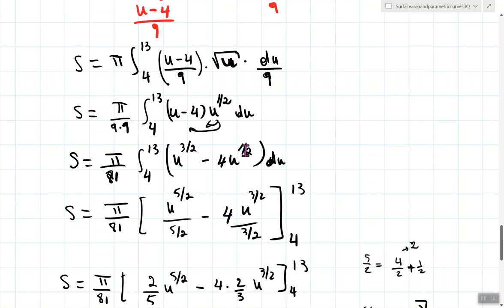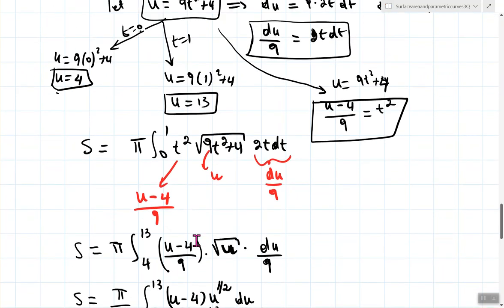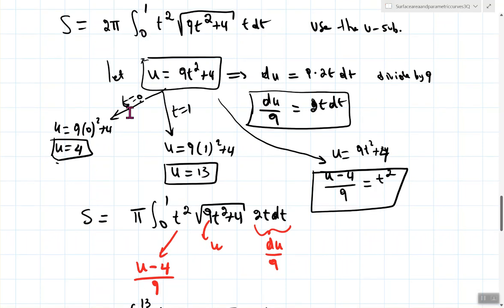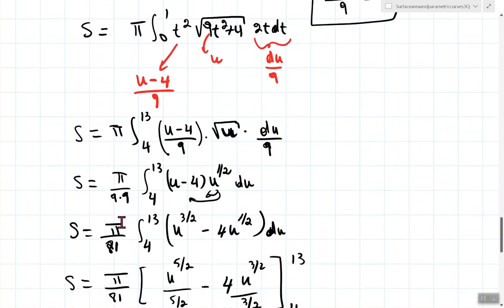You integrate u to the 1/2, you get u to the 3/2 over 3/2. The 4 is still there. Now we change the limits of integration. When t is 0, u is 4. When t is 1, u is 13. So our new limits of integration are from 4 to 13.